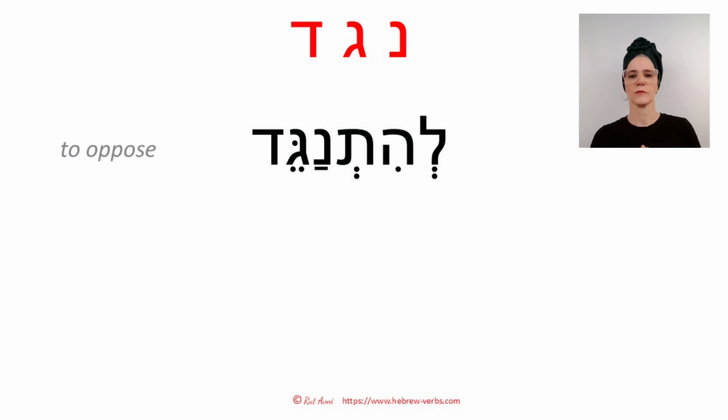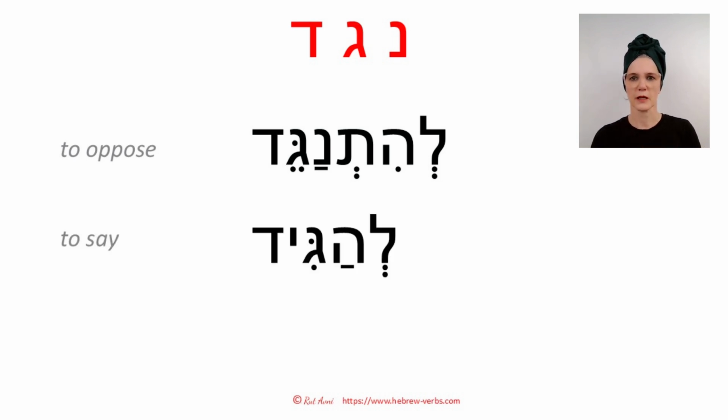And now we come to להגיד, to say. No, this is not a mistake. It's not a mistake because both of these verbs have the same root, believe it or not. In the first one, it's very visible. In the second one, it's not so visible.